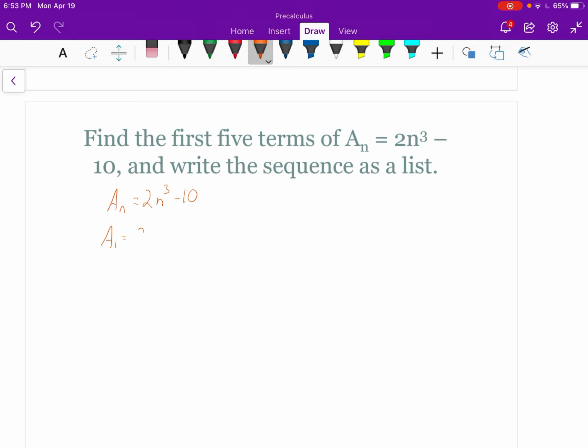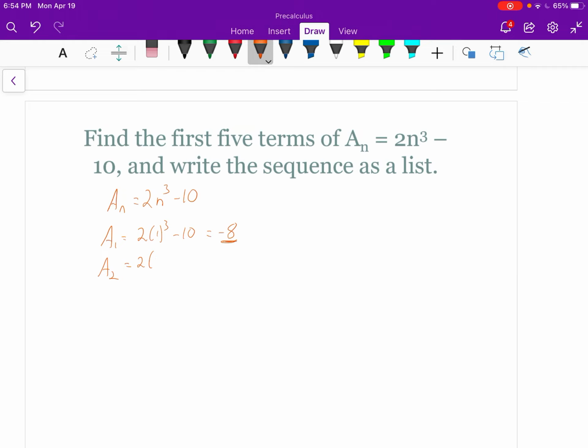A sub 1. We plug in a 1. Make sure we do the order of operations. 1 cubed is 1 times 2 is 2, and 2 minus 10 is negative 8. To find the second term, unlike recursive formulas, we don't need this negative 8.